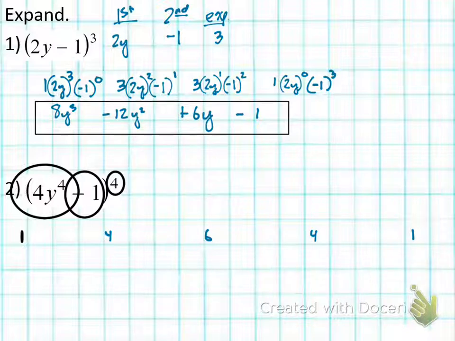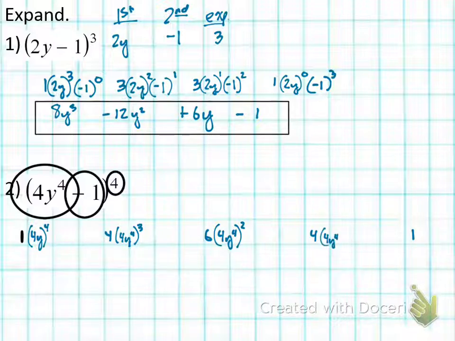Okay, and then I will write down my terms now. So we got 4y to the fourth, all of that raised to the fourth power, and we're just going down the list. 4y to the fourth. Okay, and then we got -1.